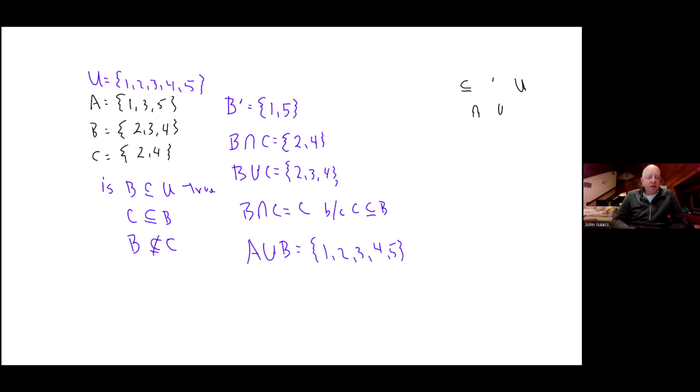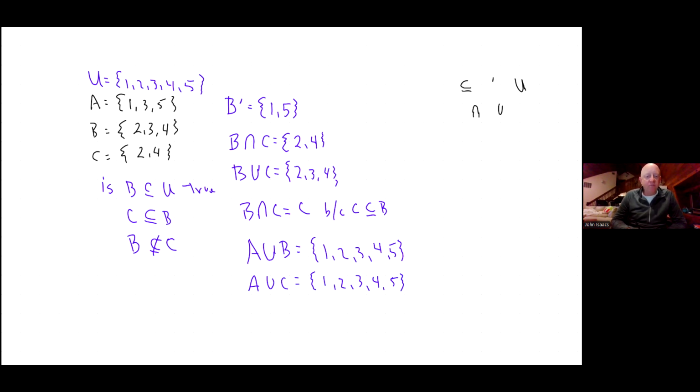We could also take A union C, and now we would take things that are in A or in C. So that would be 1, because that's in A. 2 is in C. 3 is in A. 4 is in C. 5 is in A. So we have all those as a union. Happens to be the same set.